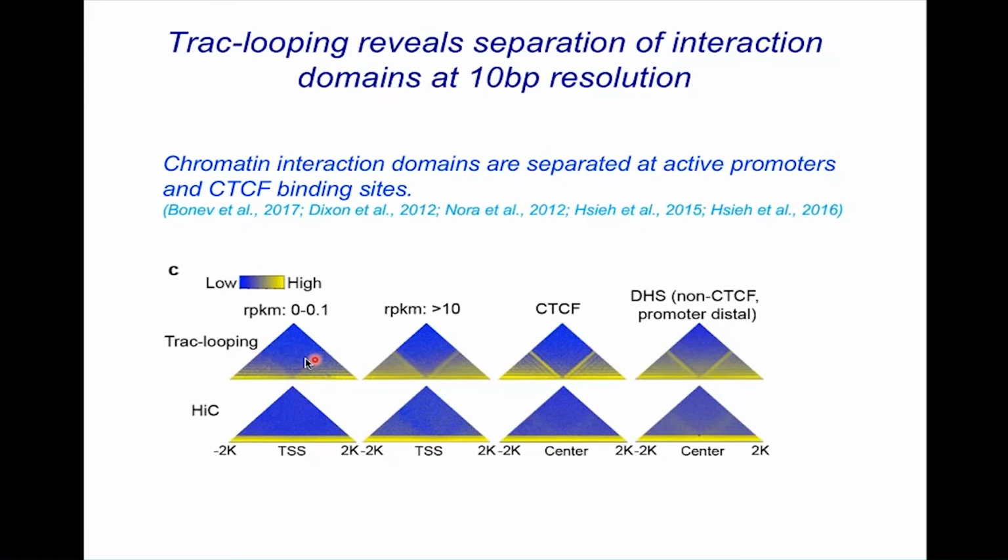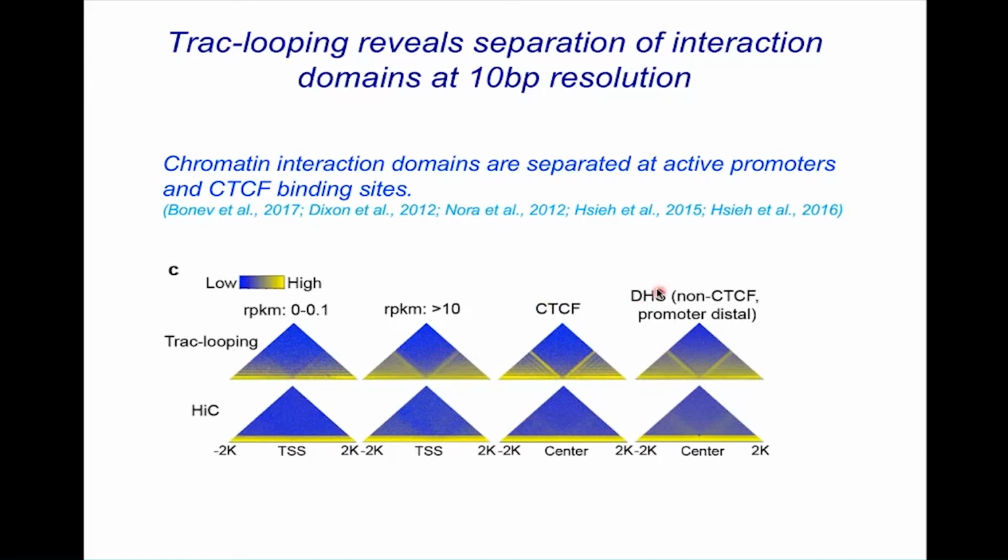You see that there's not much separation between upstream or downstream of the TSS, but for active promoters, we see strong interaction on each side of the TSS, but very few of them across this TSS, you see in the middle. And the similar thing was with CTCF. On one side, we see strong interaction, the other side also strong interaction, but very few cross this TSS, CTCF binding site.